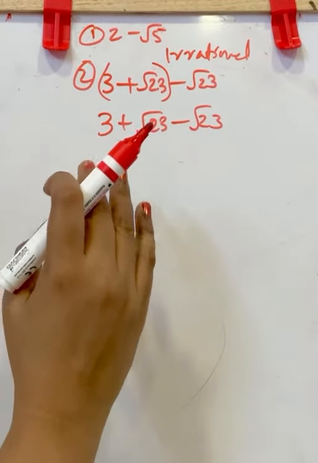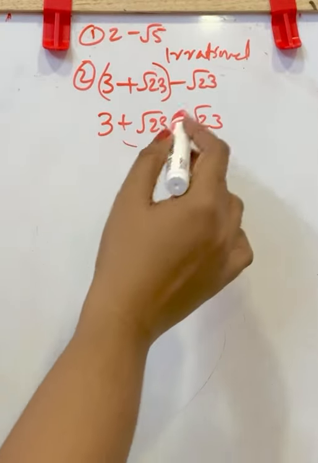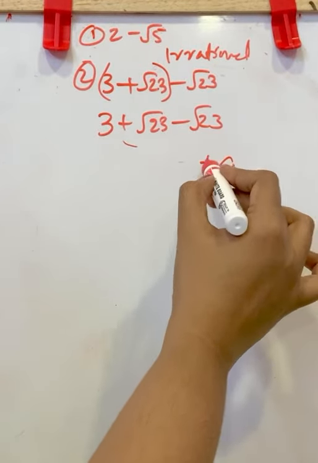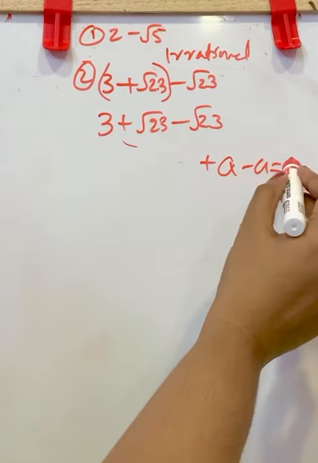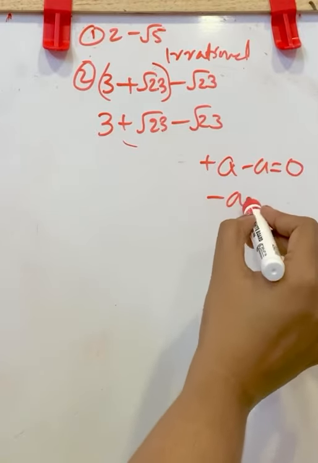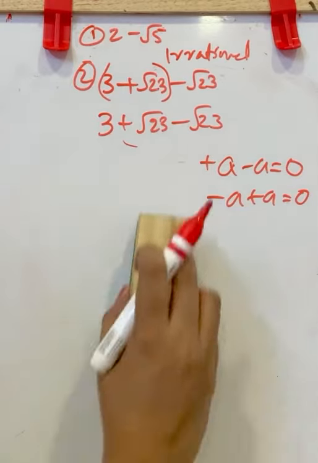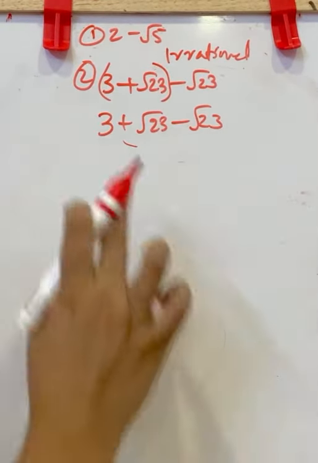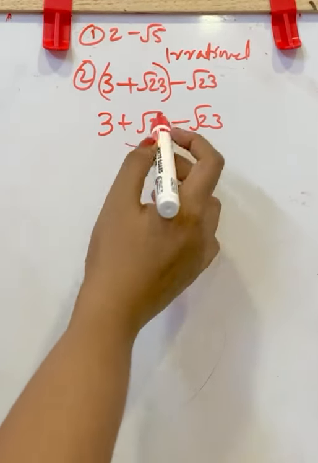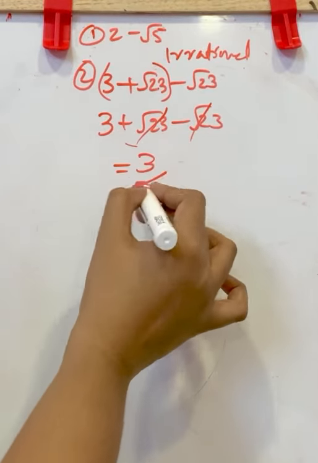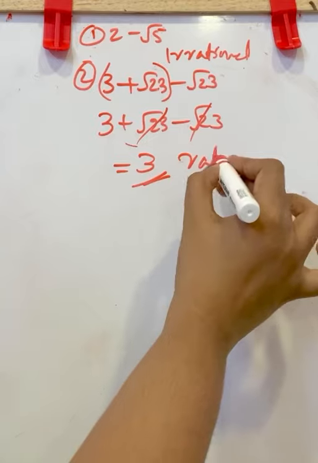It is additive inverse and it will get cancelled. The result will be 0. That is plus a minus a, the result is 0, or minus a plus a, the result is 0. It is additive inverse. So this is plus and minus of root 23, it will get cancelled. That will be 0. Here the final result will be 3. 3 is rational.